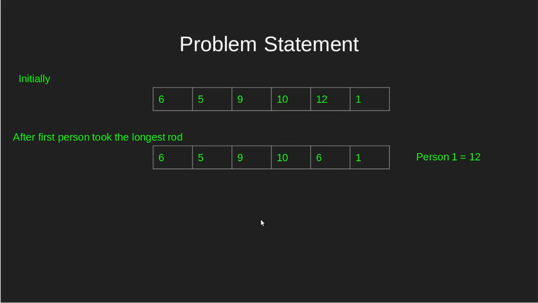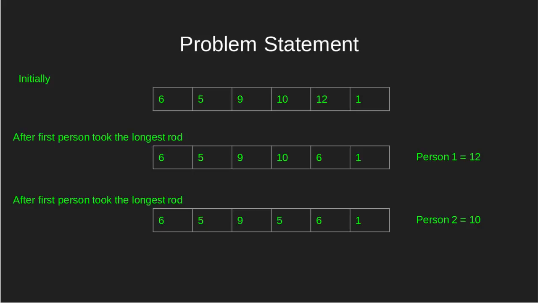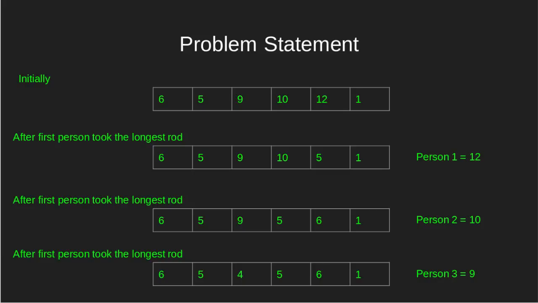Thus, the second person will take the rod of length 10 and will put back a rod of length 10 by 2, that is 5. Now, for the third person, the longest rod is 9. Thus, he will take 9 and will put back (9 minus 1) by 2, that is 4. So, basically, the problem statement is to find the length of rod taken by the nth person.